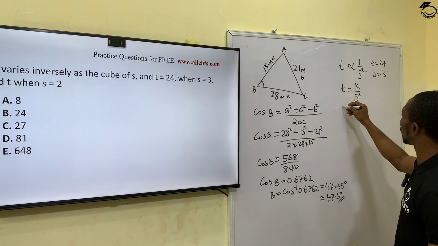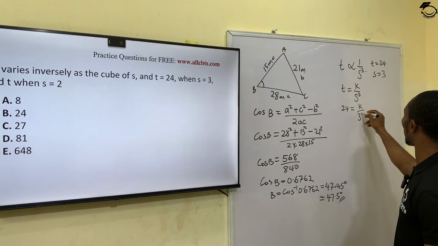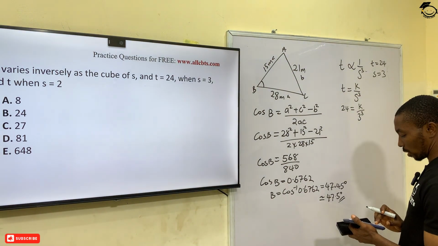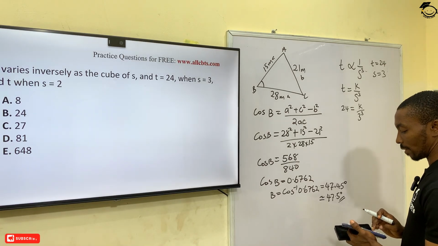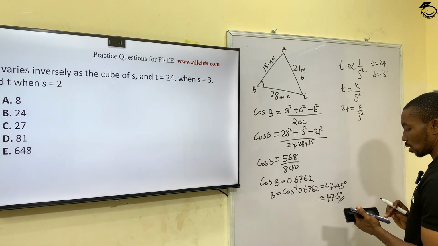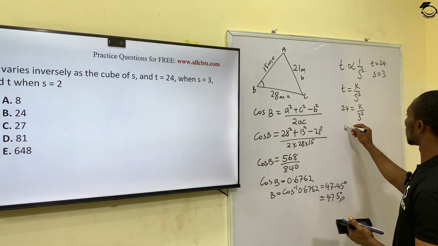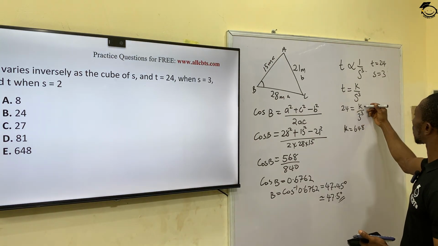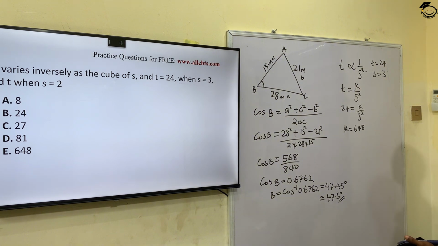Now T is 24, so 24 equals K over 3 cubed. 3 cubed will give us 27, since 3 times 3 times 3 is 27. So 27 times 24 gives us K equals 648. So the value of our constant of proportionality is 648.